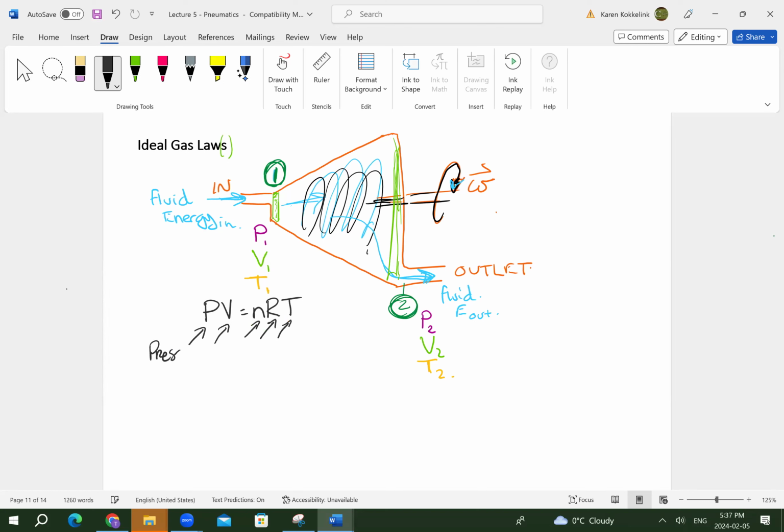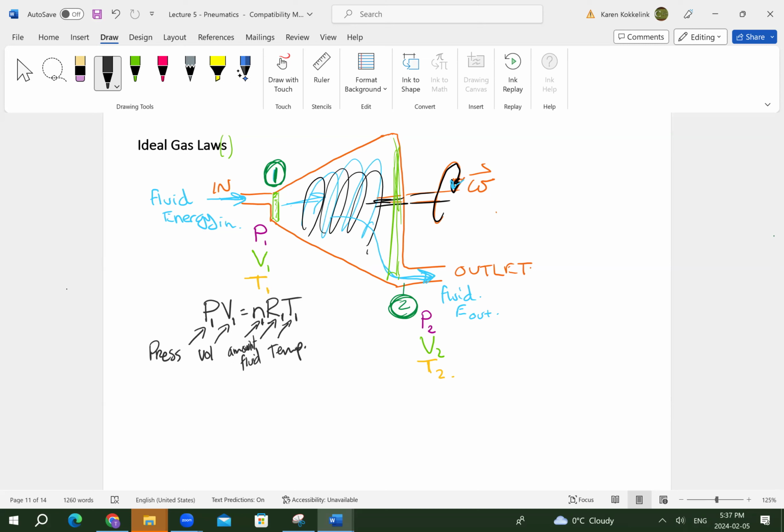Pressure, volume, amount, fluid properties, and temperature. And over here, that would be the first pressure, the first volume, the amount of fluid, the type of fluid, and the temperature it started with.